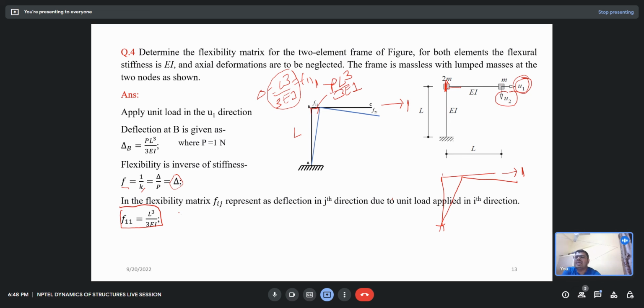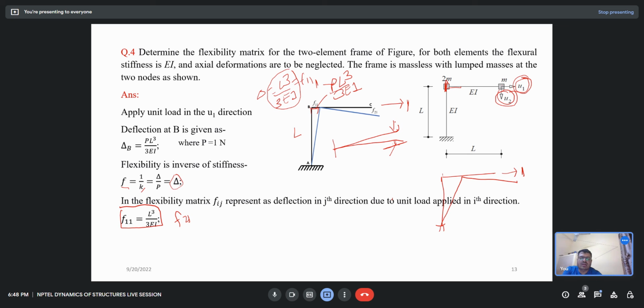Now I need to determine F21, meaning this displacement due to this applied unit load. What will be the displacement? If I have a cantilever with a load, there is also a rotation at this point.